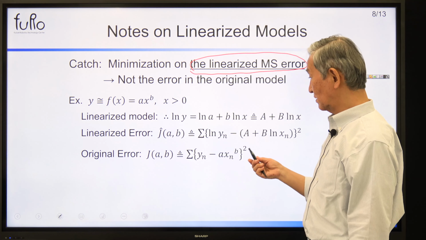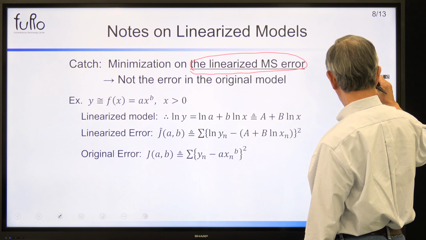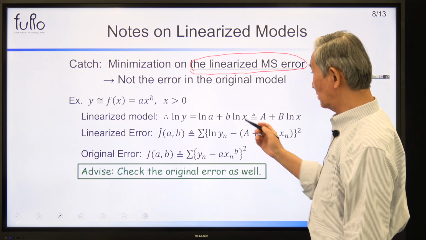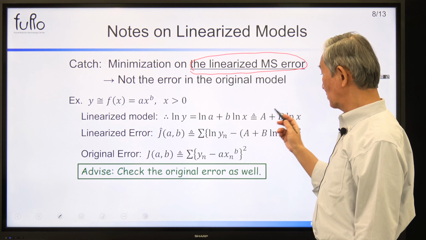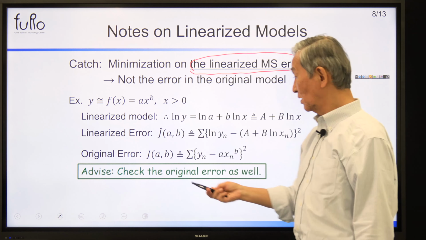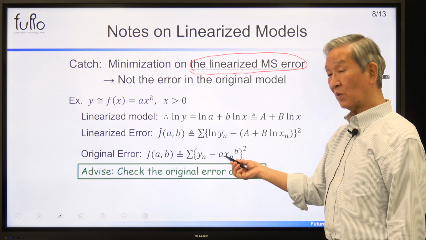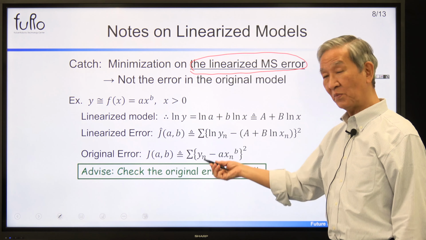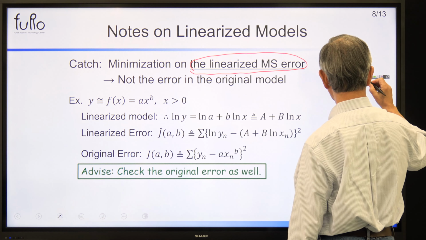So that's totally different from that one. So my suggestion is that we use the linearized error to find the model parameters a and b, but check the original error as well. Plug your model parameters into this one here and compute the original error.